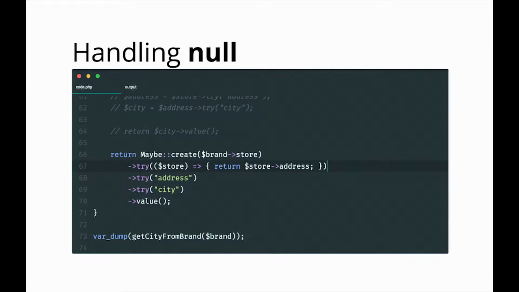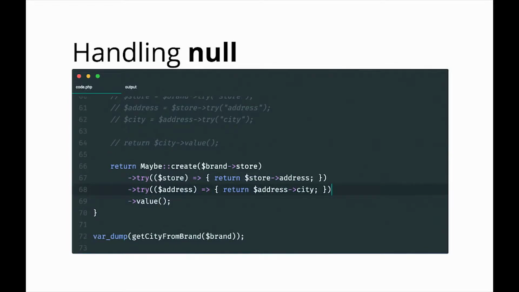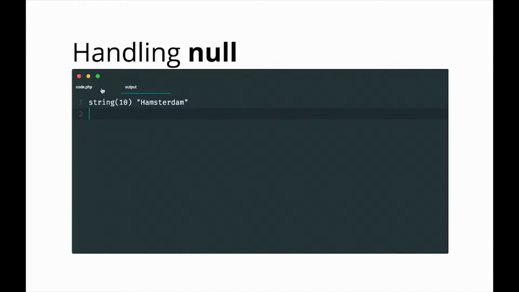And if we have a store address, well, then what we want to do is return an address city. OK. That seems fair enough. And then we can just dereference it at the end. So let's run this, and hopefully it works. Yes, it does. It works.